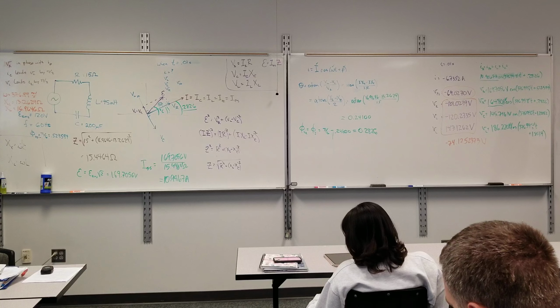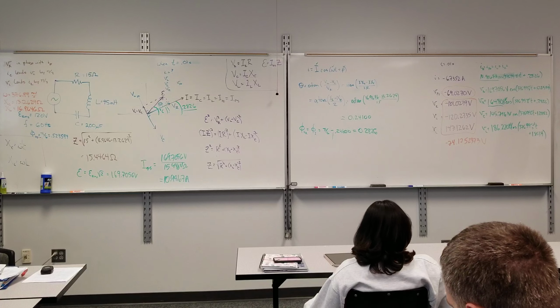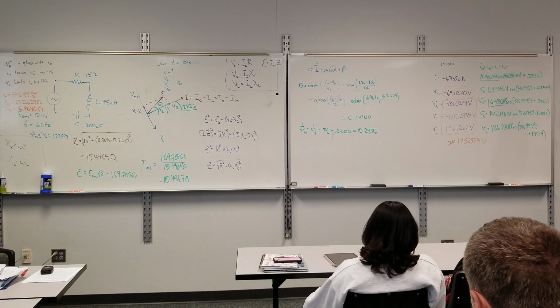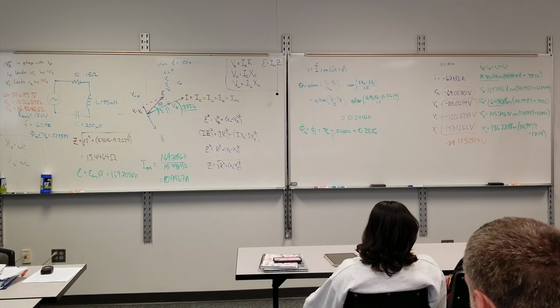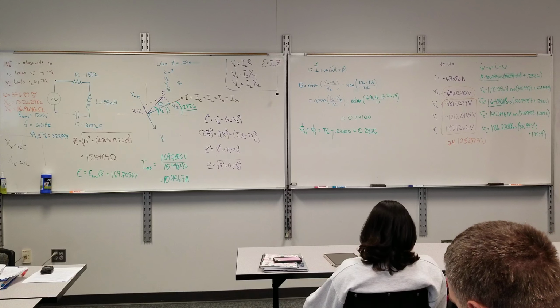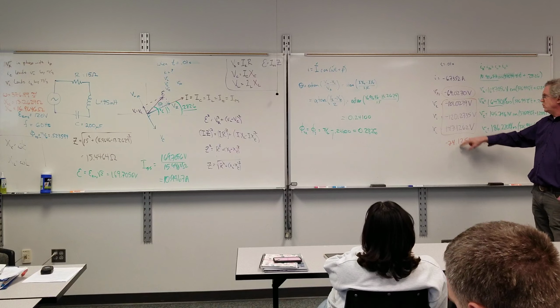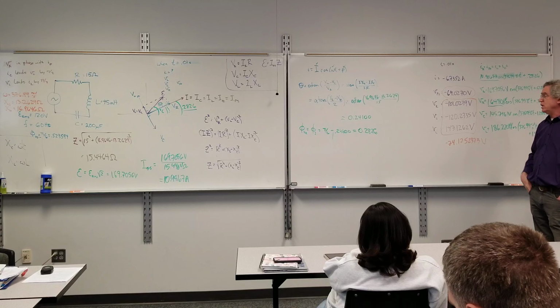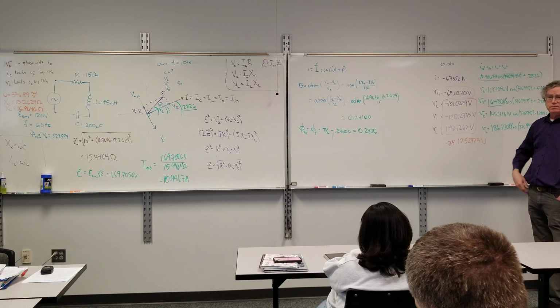Questions before I show you a different way of solving the exact same problem? Do you have a video of this online too? I think so. What is the negative 74 at the very bottom? That was the sum of those three numbers added together. It's supposed to equal the instantaneous value of the voltage of the power supply.